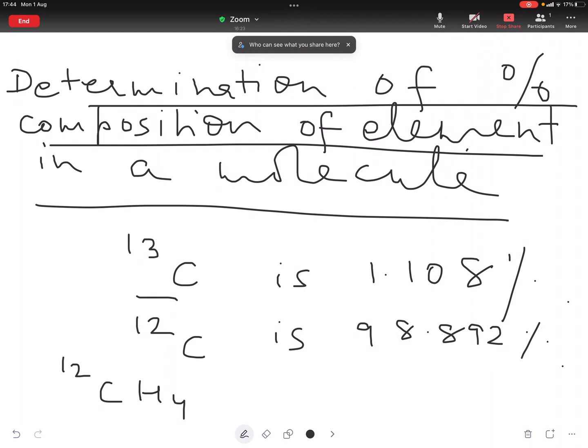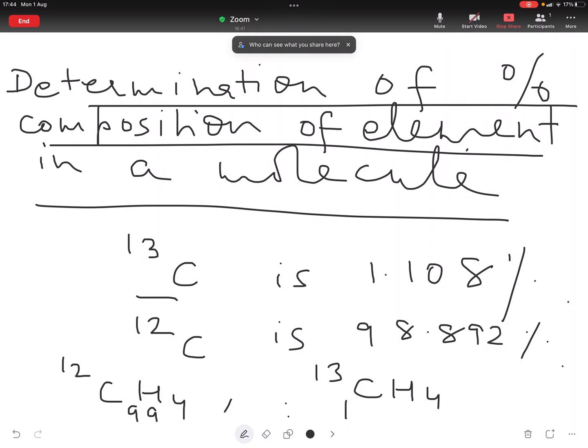12CH4 and another corresponding to 13CH4, and their relative abundances are approximately 99:1.